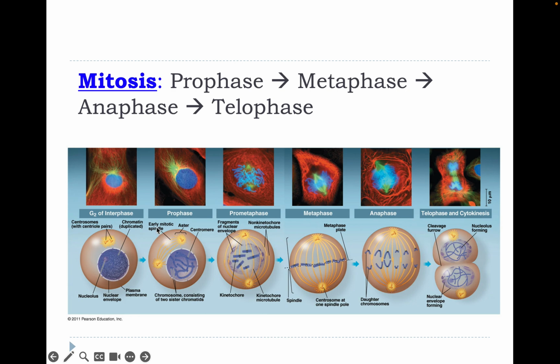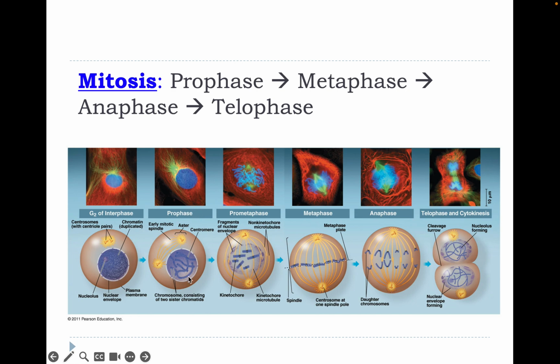First, these spindle fibers begin to separate as the centrosomes migrate to opposite sides of the cell. At the beginning, in interphase, the two centrosomes with centrioles are just kind of hanging out together in one part of the cell.